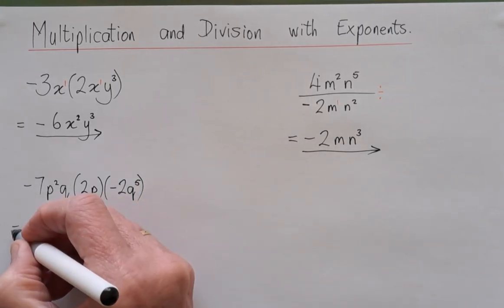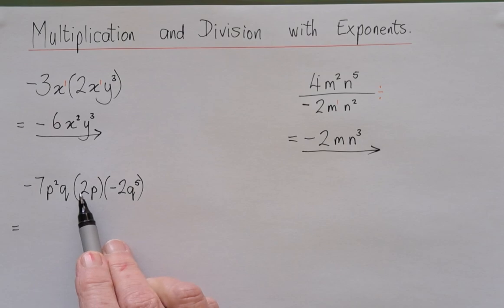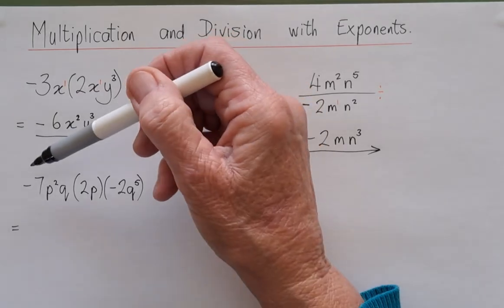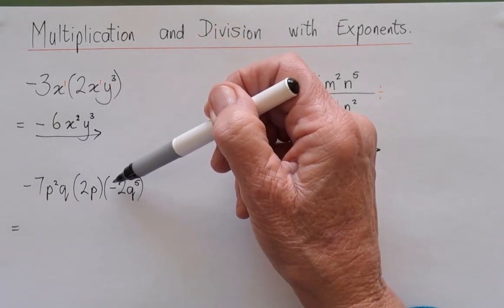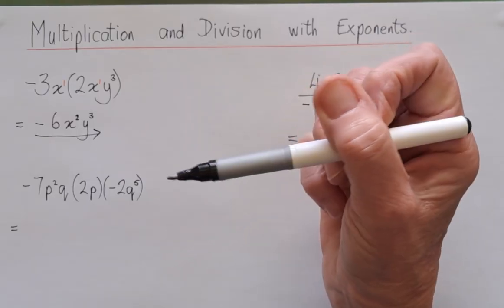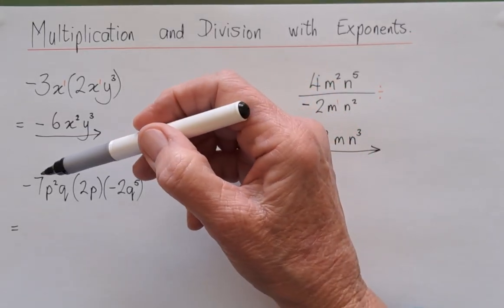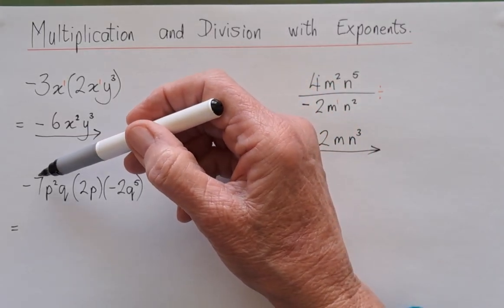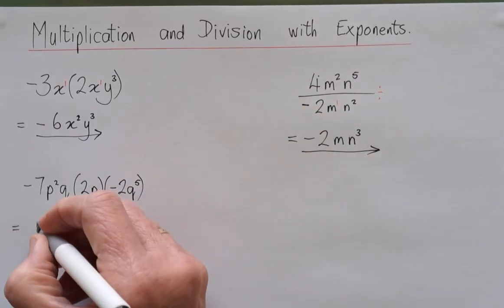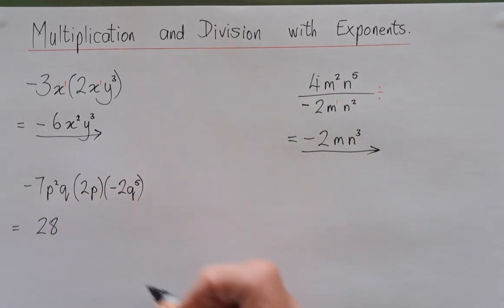So going step by step again, negative times positive is negative, and negative times negative is positive. Or you can start seeing that a negative times a negative is going to give me a positive, and because the other one is also positive, it's going to be positive. Looking at my coefficients, 7 times 2 is 14, and 14 times 2 is 28.